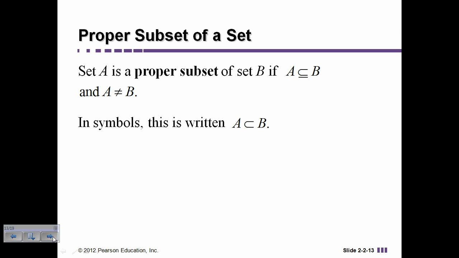A proper subset is when A is a subset of B, but A and B are not equal. The symbol for proper subset is the C without the line underneath.